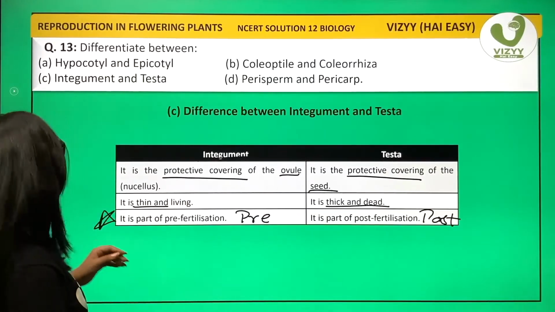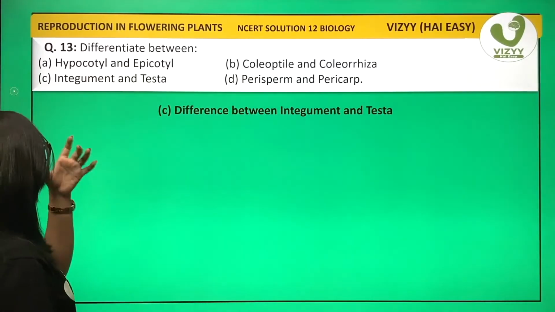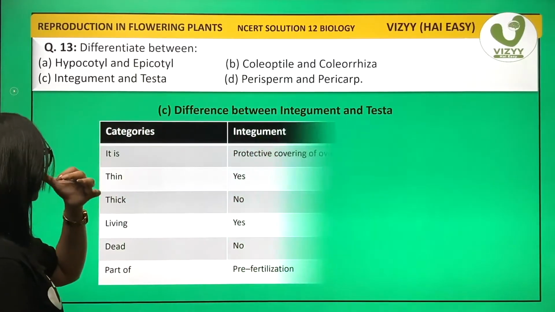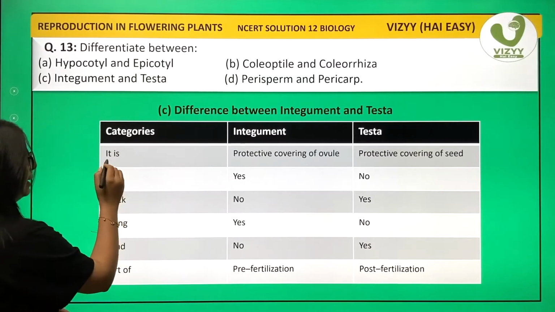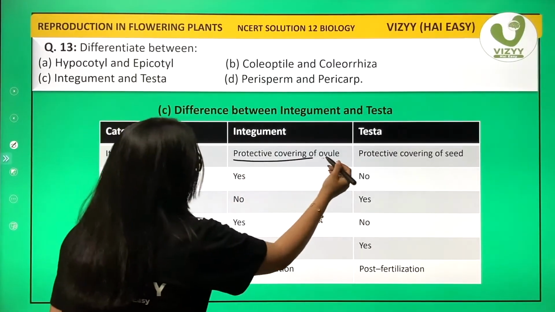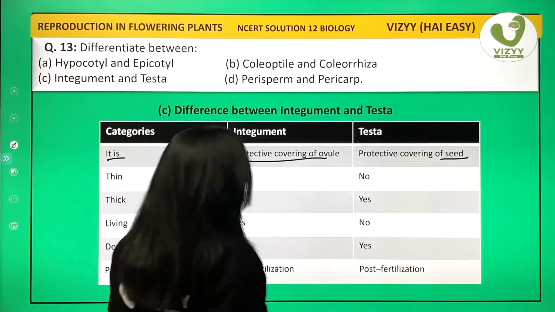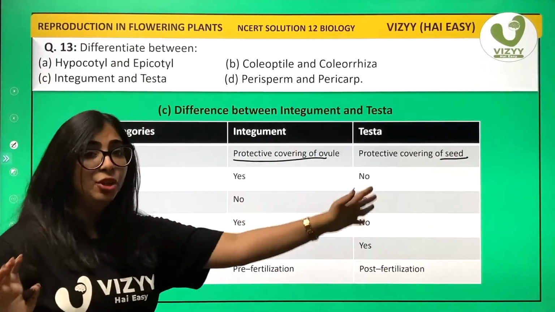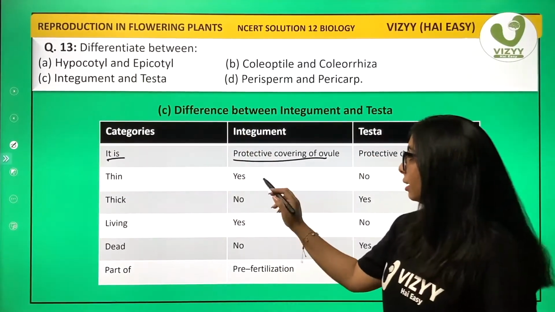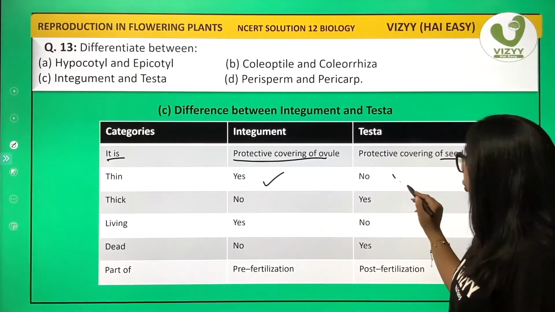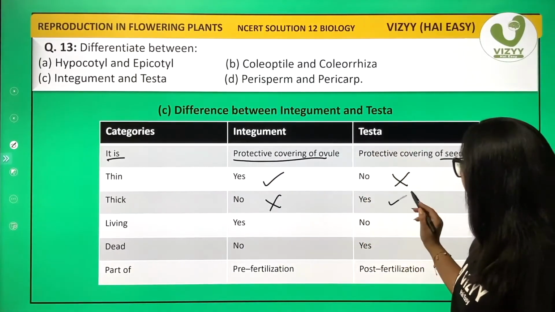Okay? So, categorizing this, we have integument. Start writing: it is a protective covering of the ovule, whereas testa is the protective covering of the seed. And there's yes and no. Thick: integument no, testa yes.